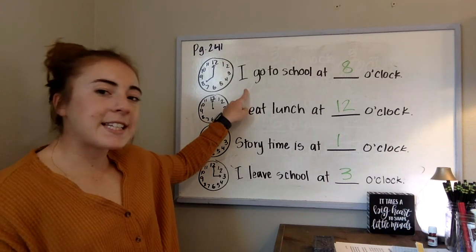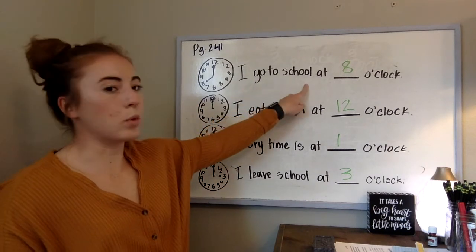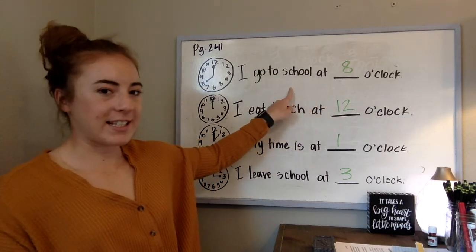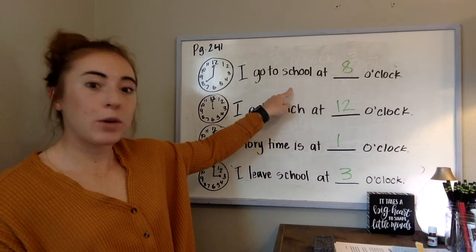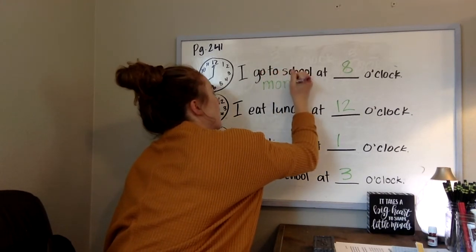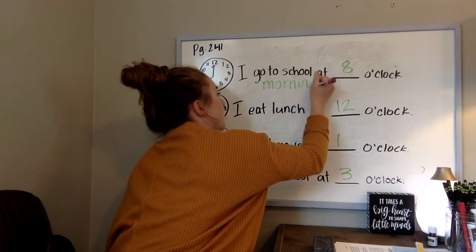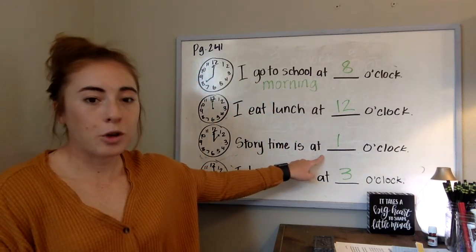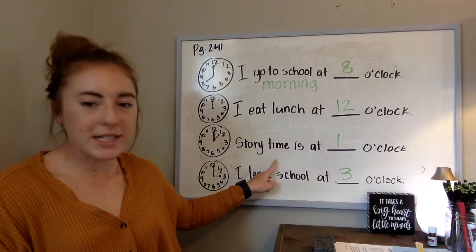What kind of activity is going to school? If you go to school at 8 o'clock, what kind of activity is that? We go to school in the morning. What kind of activity is story time?